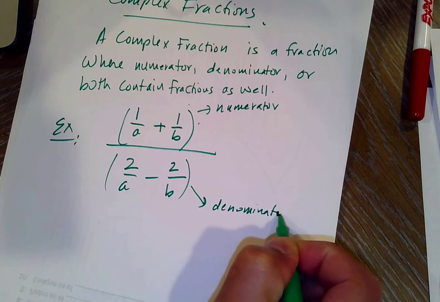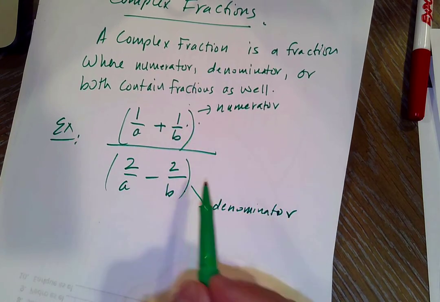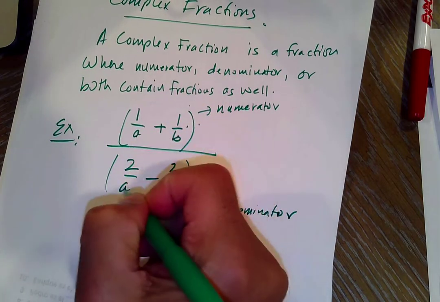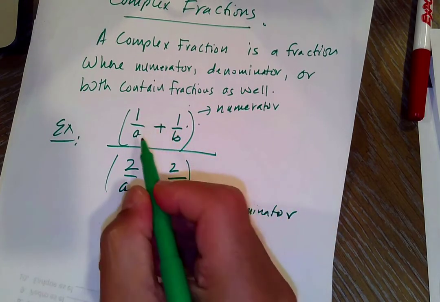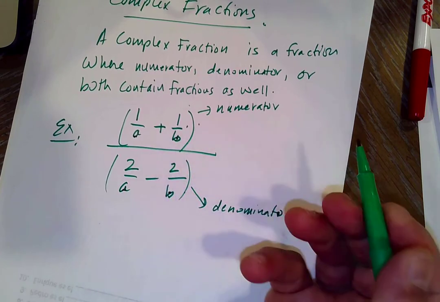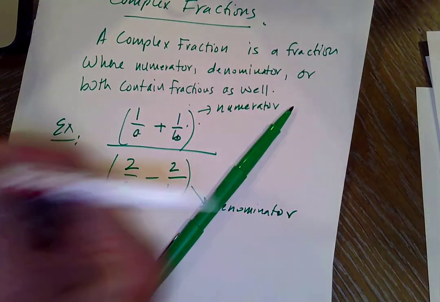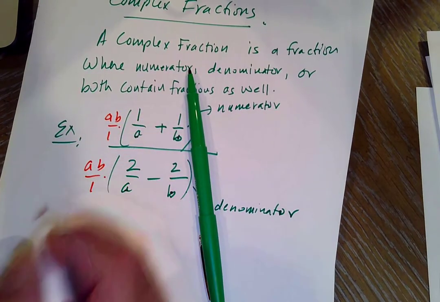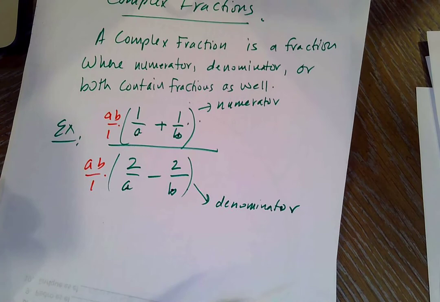So you need to times the numerator and the denominator of the complex fraction by the LCD of all the secondary denominators. So what's the least common multiple of a and b? It's ab, so we times by ab or ab over 1. And that's good.